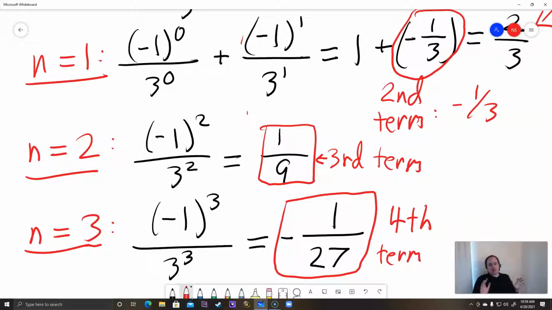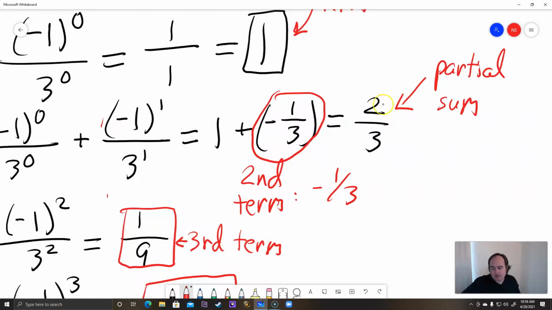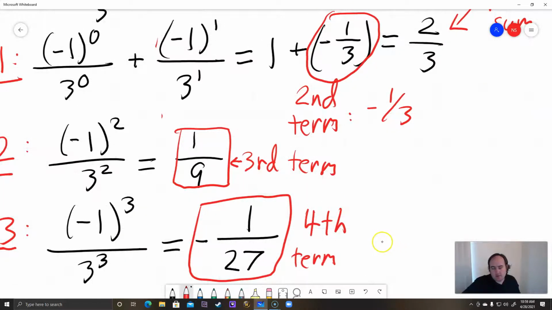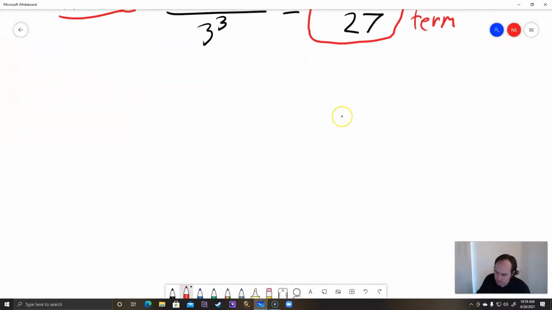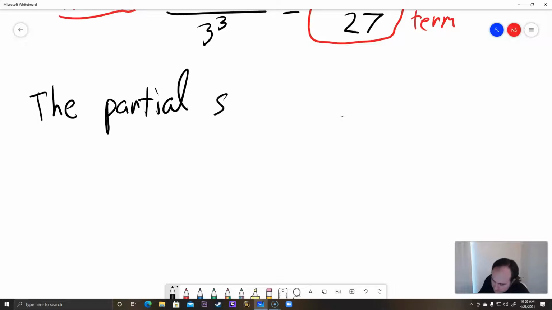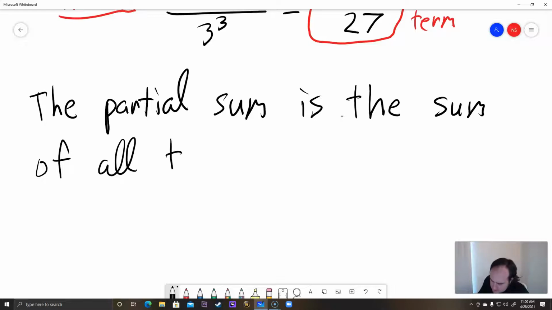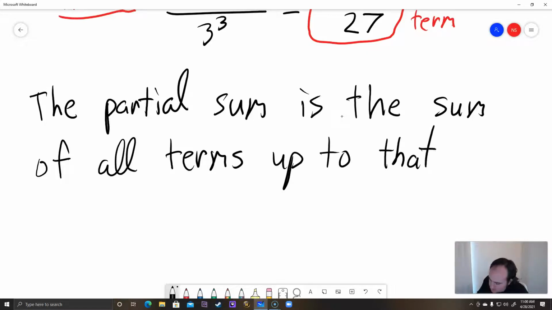So since the way I said it at the beginning was a little bit confusing, I just want to make sure that you're solid on the difference between a partial sum and the actual terms. Okay? So let's talk about that. The partial sum is the sum of all terms up to that point.